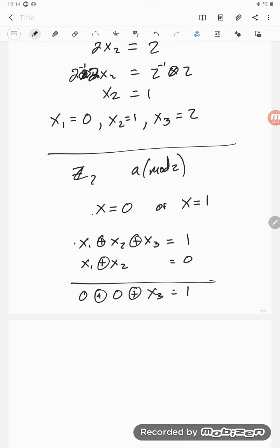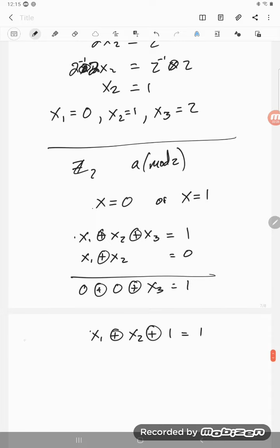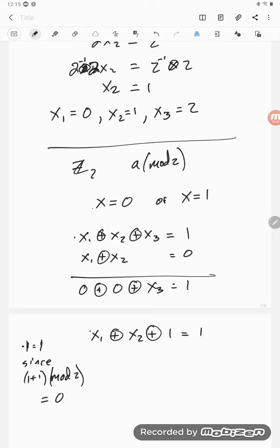And if x3 is equal to 1, then I get x1 plus x2 plus 1 is equal to 1. Now if I add the additive inverse of 1 to both sides, well, the additive inverse of 1 is 1, right? Negative 1 equals 1. Why? Since 1 plus 1 mod 2 is equal to 0.